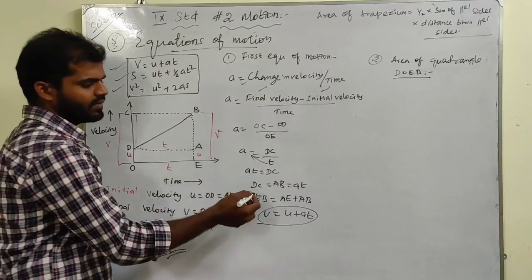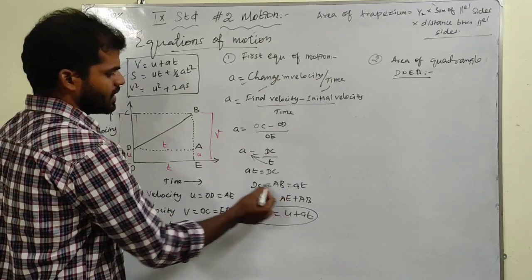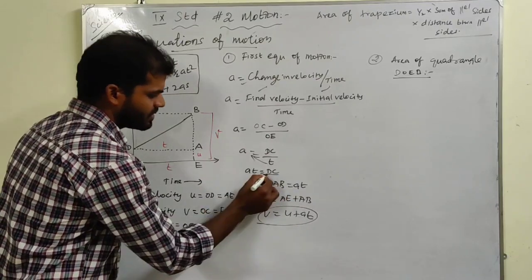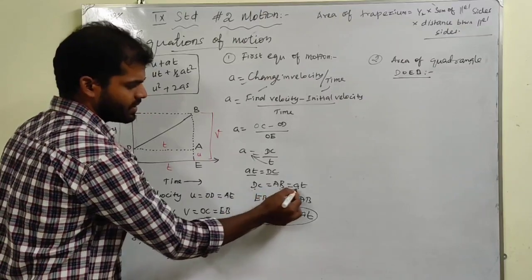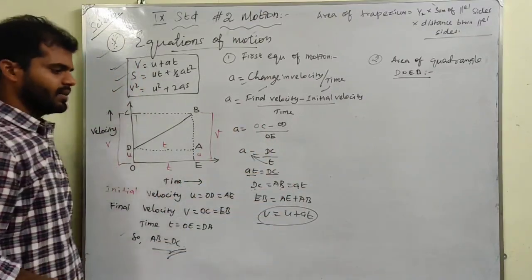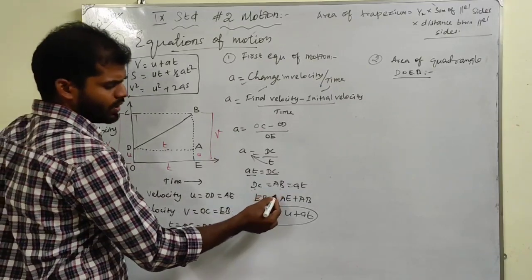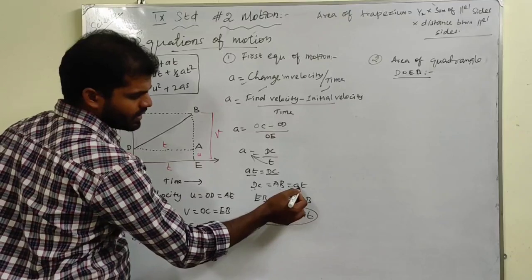From that we are going to solve. Already we have found DC is equal to AT, so all are the same. DC is equal to AB is equal to AT, because AT is equal to DC.